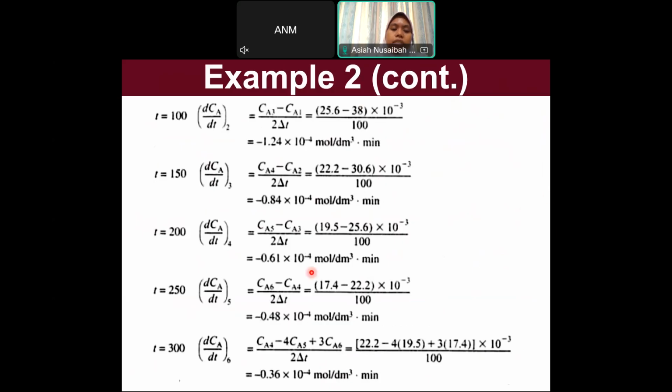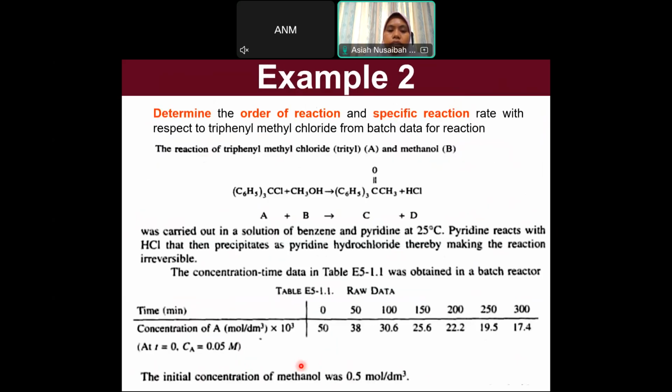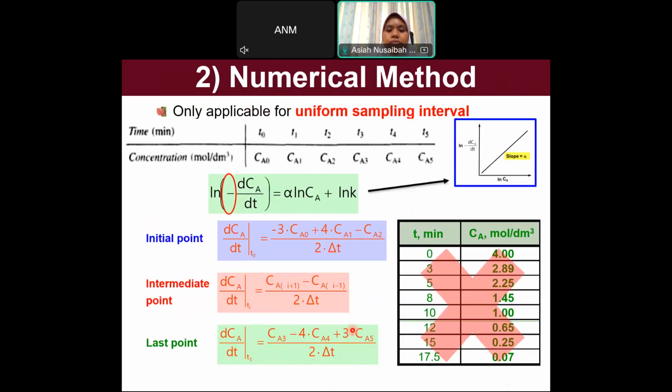So here we have 6, and we start with t equals 0 in this case using the equation, so dCA over dt until 6. Then we have to use the final equation for the last one. This is our final equation.